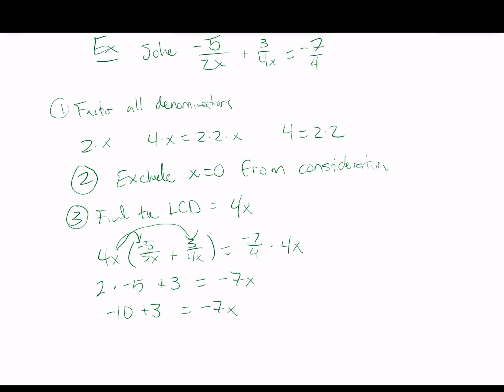And then we can add those together. Negative 10 plus 3 is negative 7, is equal to negative 7x. We divide both sides by negative 7. Negative 7 divided by negative 7 is 1. Negative 7's cancel there, and we're left with x is equal to 1. So x equals 1 is a solution to the equation.